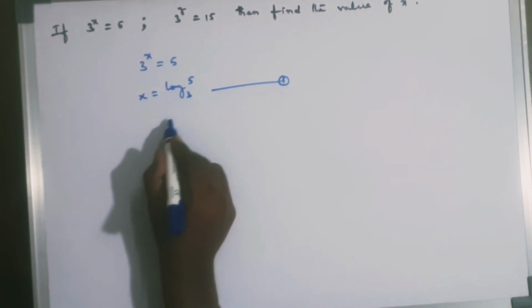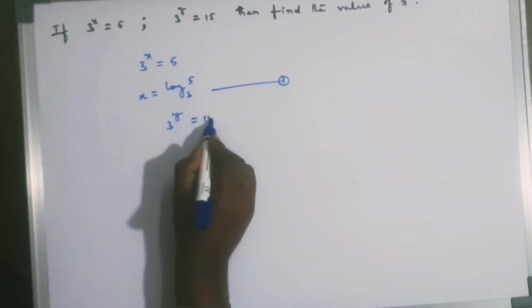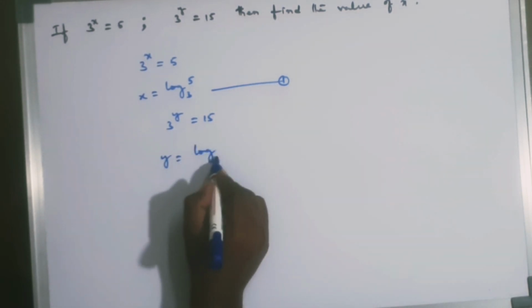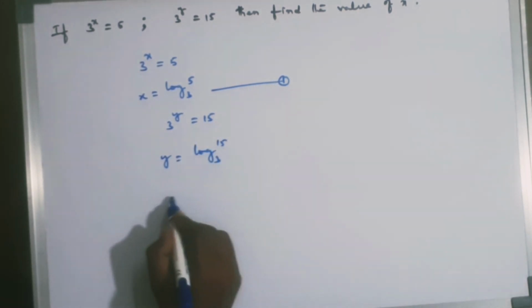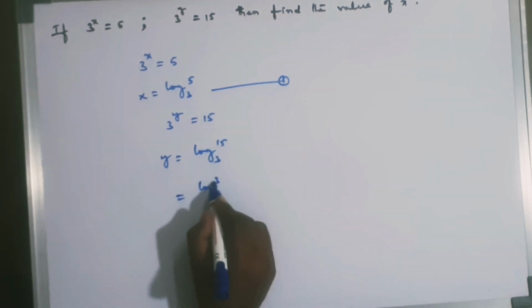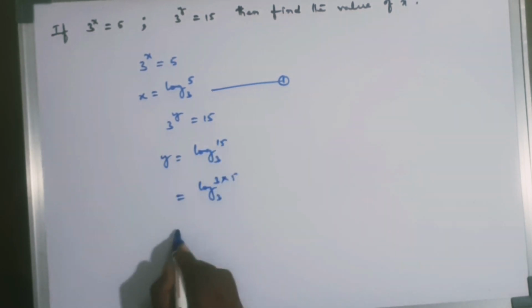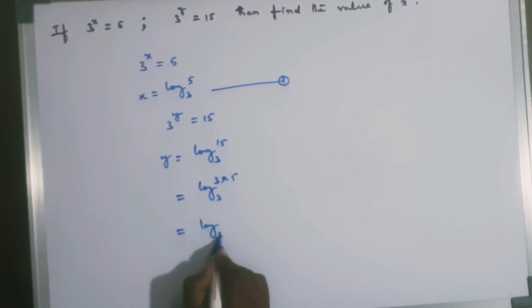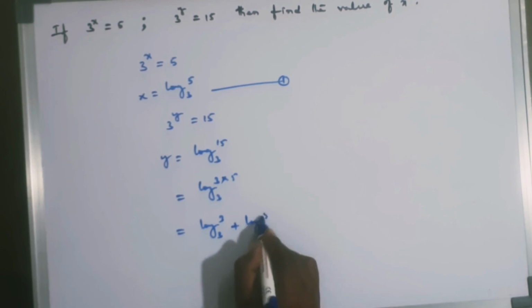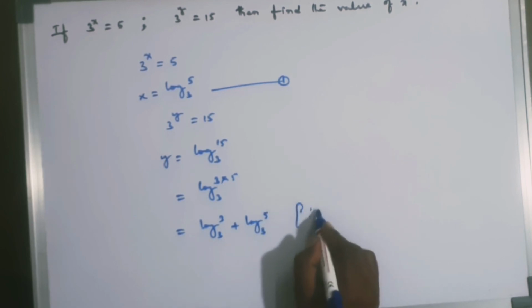Next, 3 to the power of y equals 15. Apply the log. y equals log base 3 to 15. So again, 15 I can write as 3 into 5, equals log base 3 to 3 plus log base 3 to 5. What is the formula?